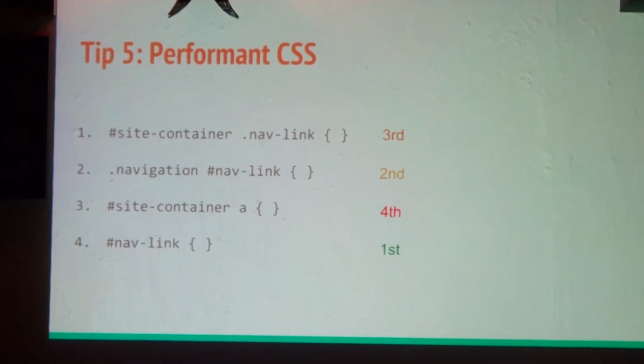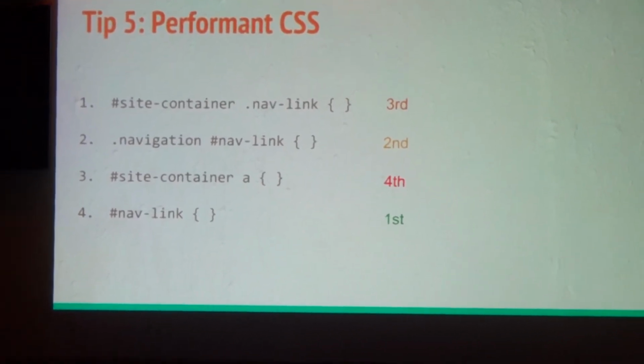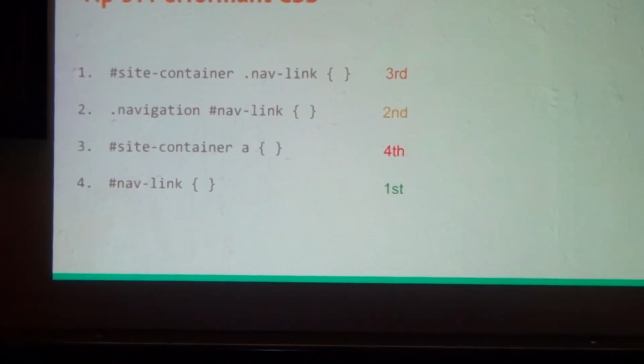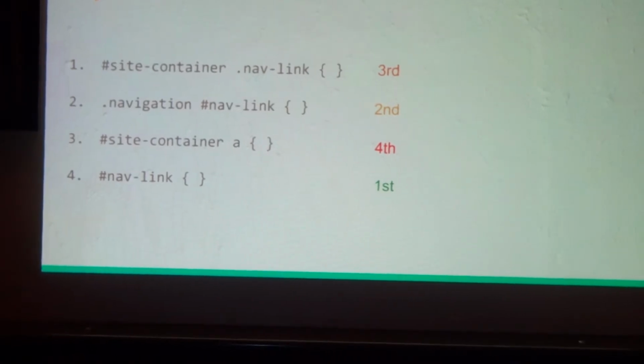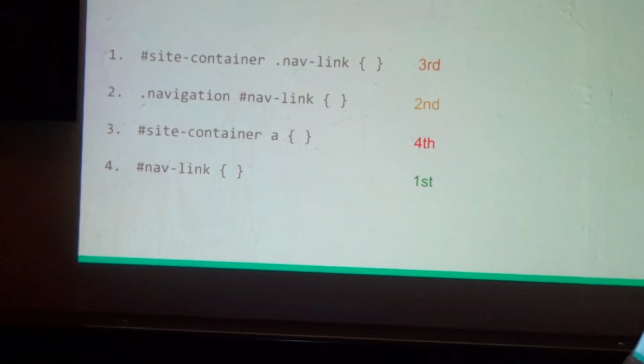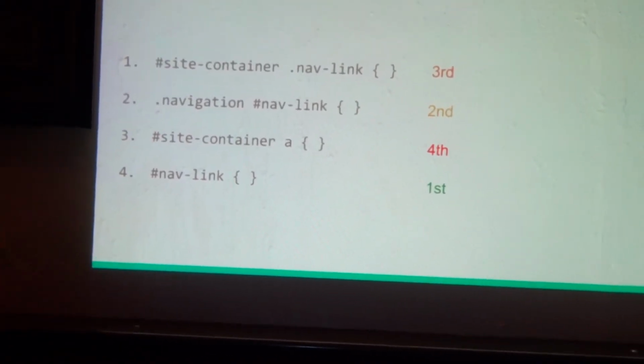So it's good to keep your more specific selectors at the right, because if you have, say, number 3, you have the A tag at the end. Basically, the browser will go through every single A tag on your page, and then it will look at the parents of that A tag to see if it matches the next part of the rule.